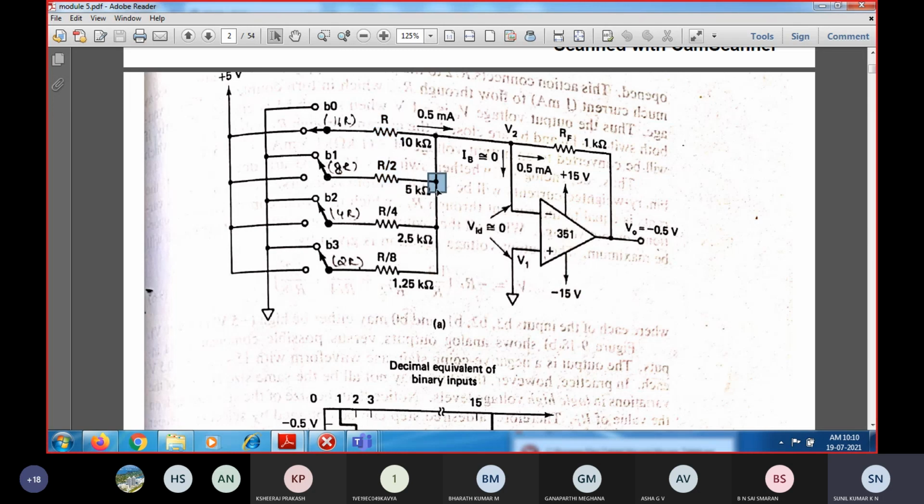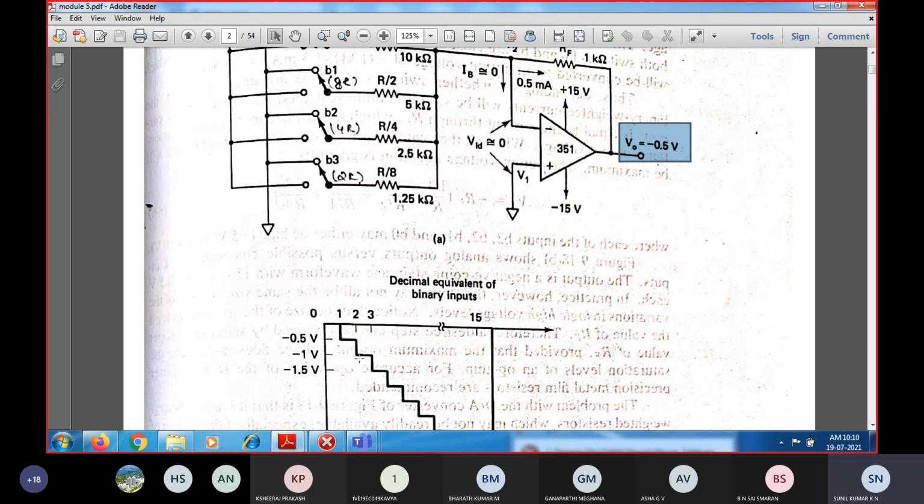This will be 1 milliamp. Since the resistance across the inverting terminal is very small, the current flows across RF itself, and none flows into the inverting terminal, hence the output voltage is minus 1 volt.